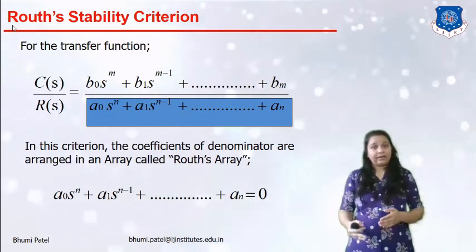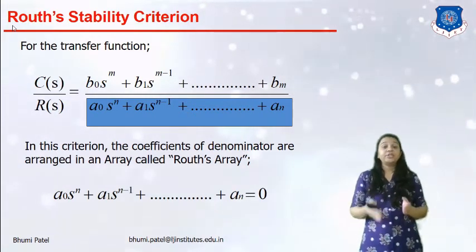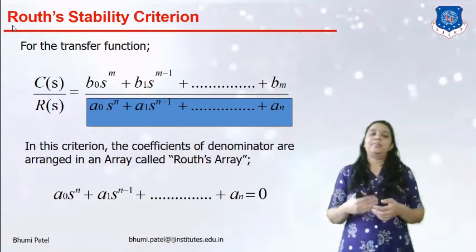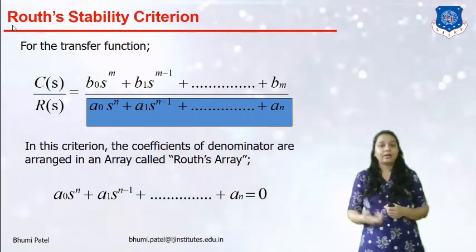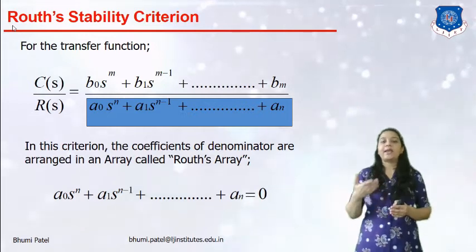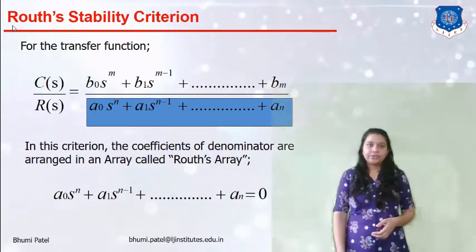In this criteria, the coefficients of the denominator are arranged in an array, so it is called the Routh array stability criteria. We consider only the denominator term, a0 s raised to n plus a1 s raised to n minus 1 plus up to an, equal to 0.